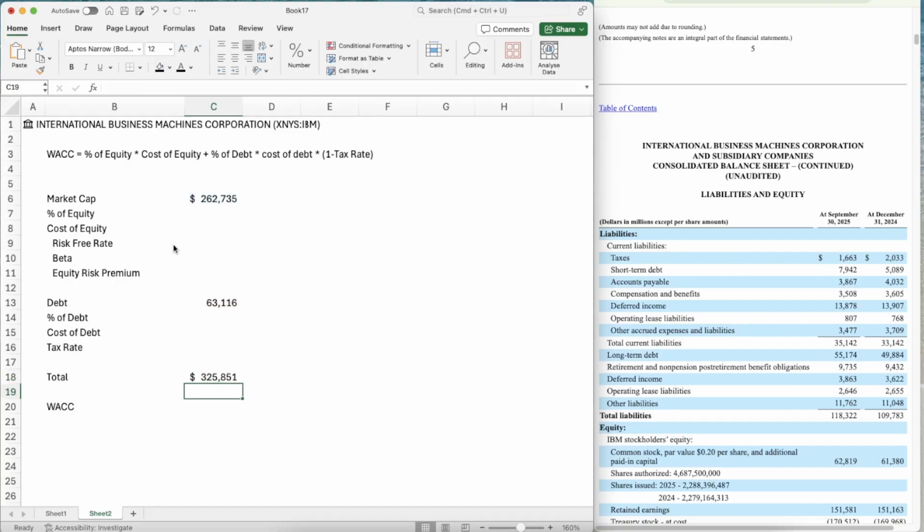Don't confuse this with enterprise value. Enterprise value is market cap plus debt minus cash. Percentage of equity is now your market cap divided by your total. Your percentage of debt is your debt divided by your total.